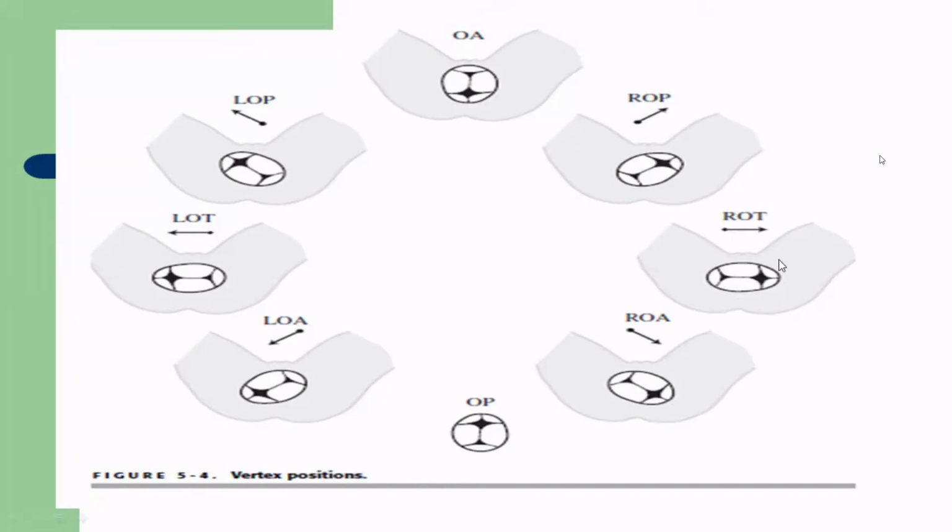This is the right side, this is the left side. When the occiput is on the left side, this is left occipito-transverse position. When the occiput is in the left posterior quadrant, this is left occipito-posterior. This is right occipito-posterior. This is left occipito-anterior, and this is right occipito-anterior.